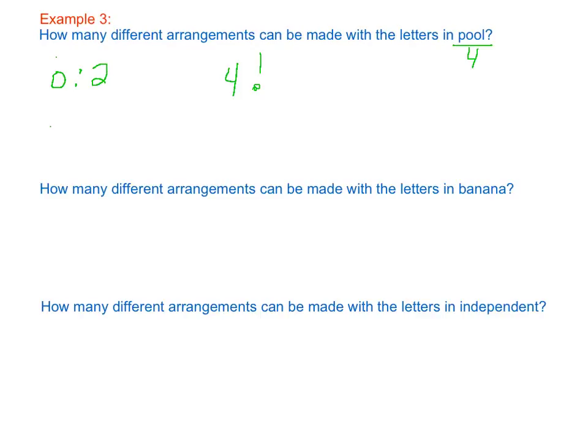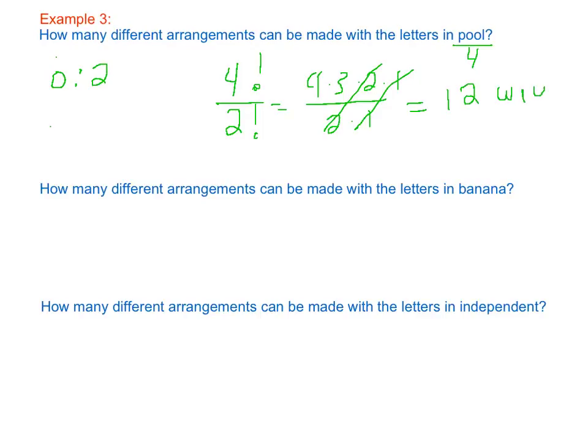Since the O occurs twice, we divide by 2 factorial. So we've got 4 times 3 times 2 times 1 all over 2 times 1. That gives you 1, that gives you 1, and when you multiply 4 times 3, you get 12. So there are 12 different ways we can arrange the letters in pool.